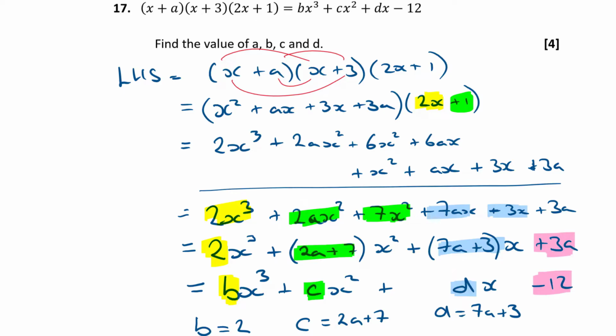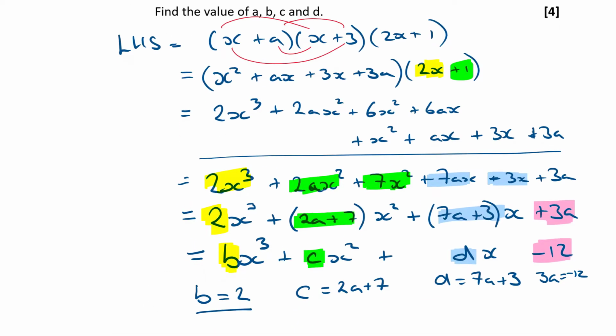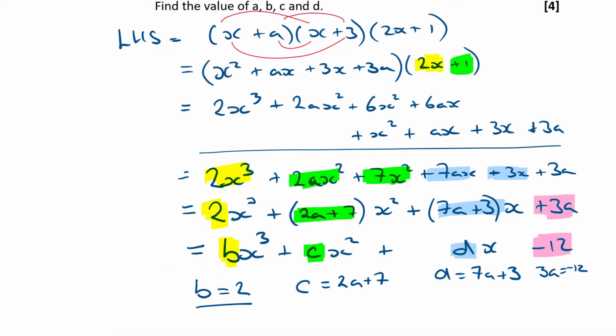So I can say that 3a equals minus 12. Just need a little bit more working space. Let me just scroll up a little bit. So 3a equals minus 12, that makes a equal to negative 4.